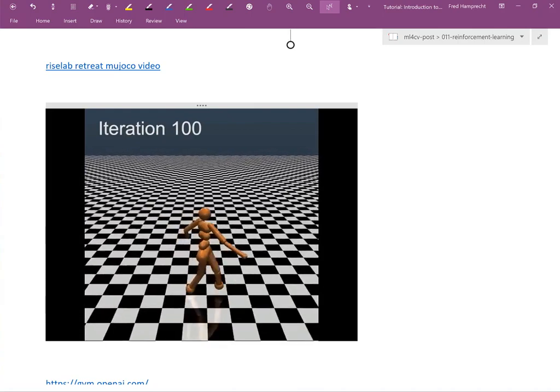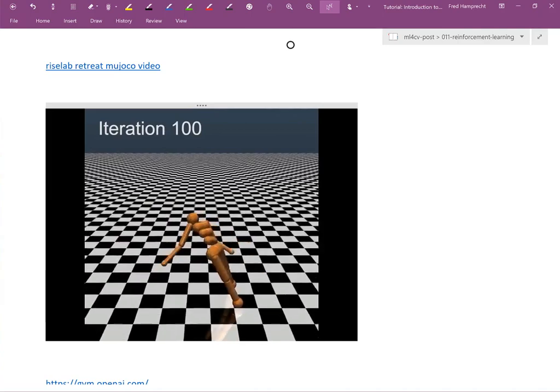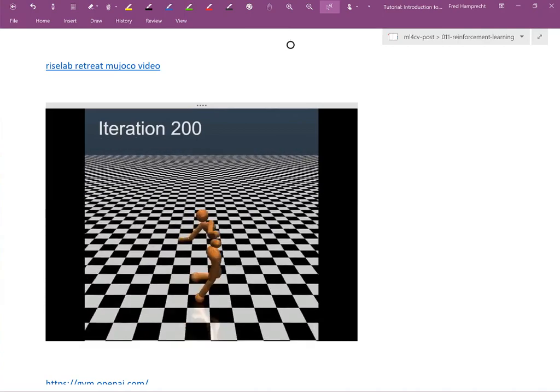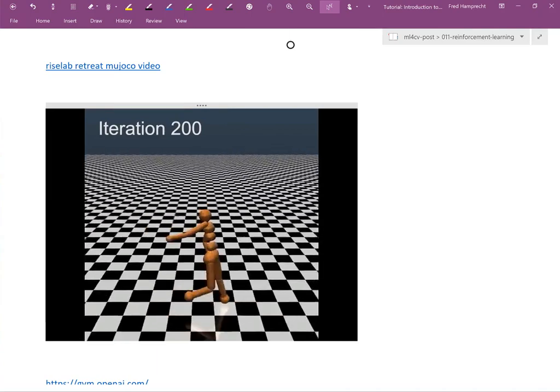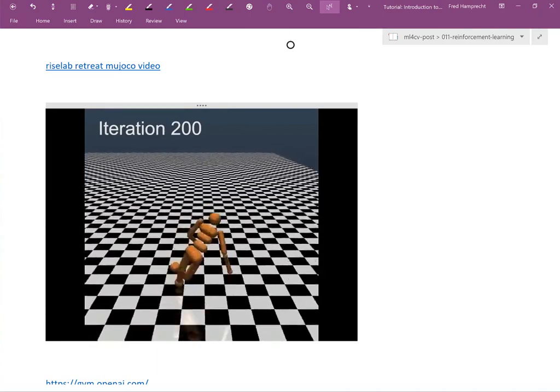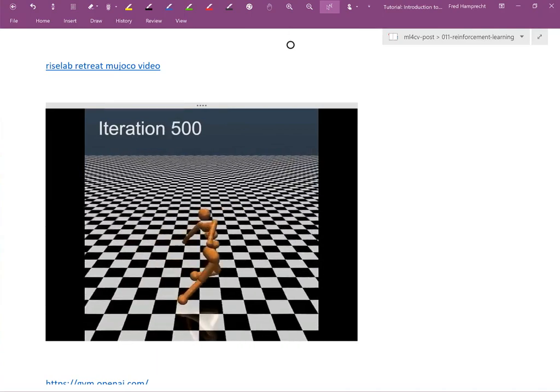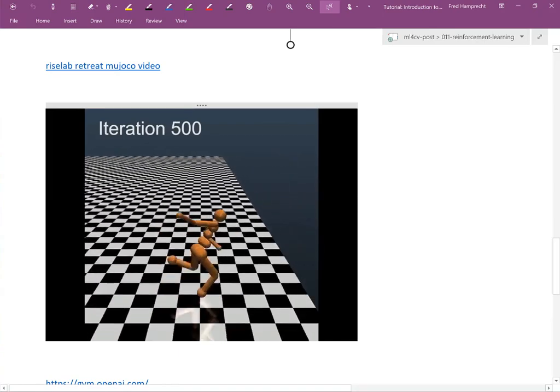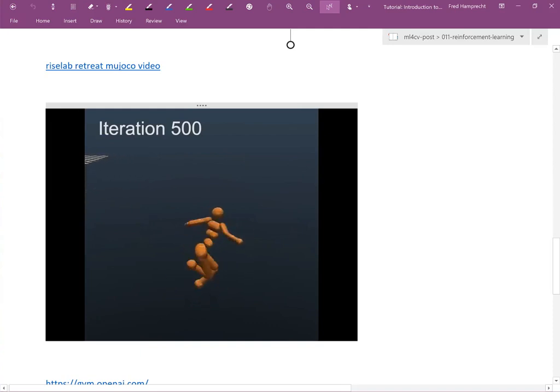So this is the relative angles of its kinematic chain. It also knows if it got a reward or not. So for example, here the reward could be, it's up to you what you make the reward, but it could be proportional to the time that it doesn't fall over, or proportional to the distance it has covered or so.